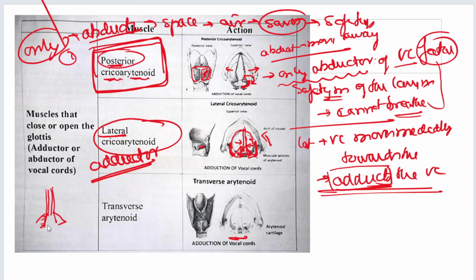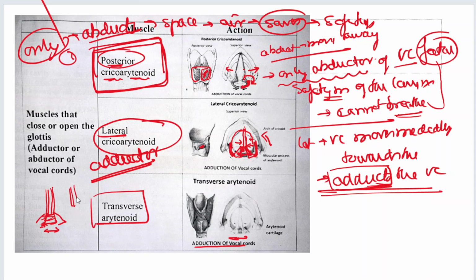Okay, so that function, the bringing together of both the bodies of the arytenoid, is done by the transverse arytenoid. So it is causing further adduction of the vocal cords, and the space you see in between the two arytenoid bodies is also brought together.